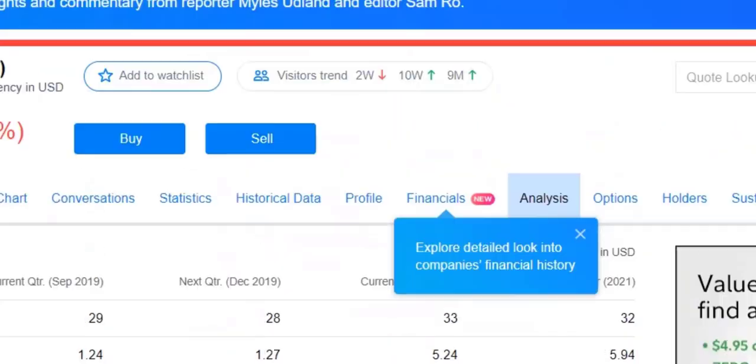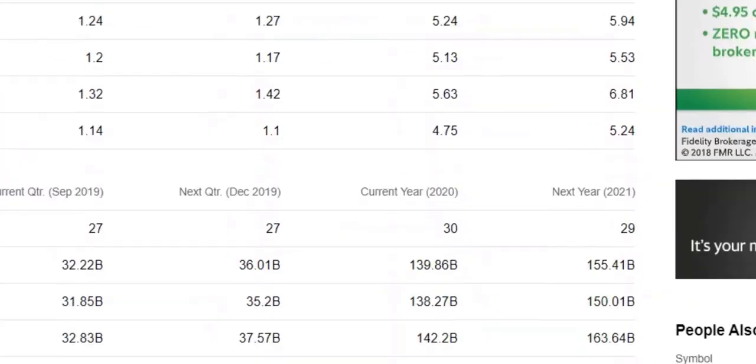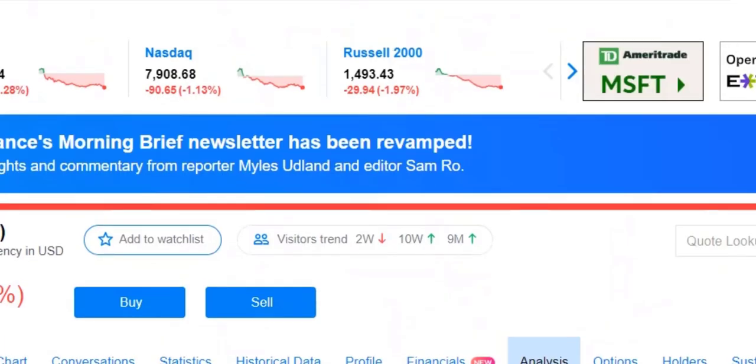The current price and the dividend yield data you can obtain from the statistics tab. The current price of Microsoft as of today, 4 p.m., is 137.07.